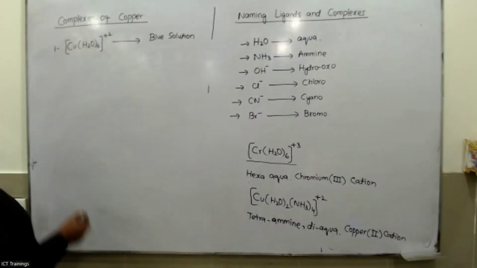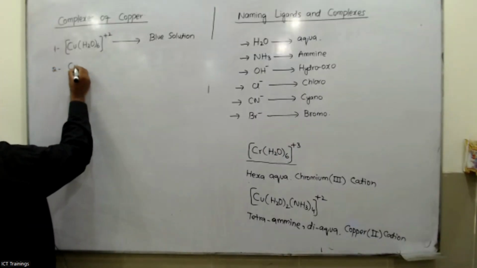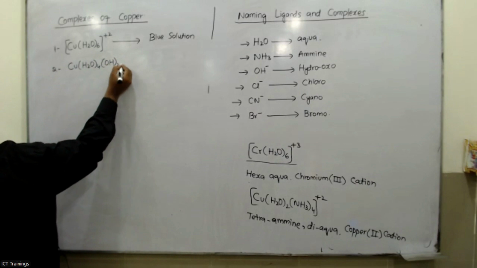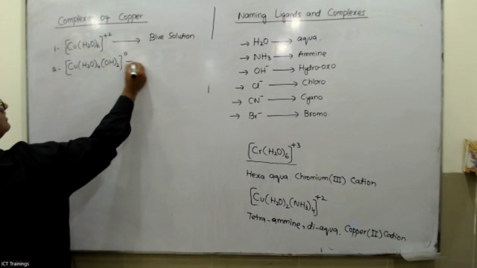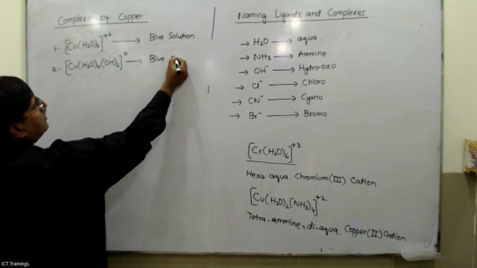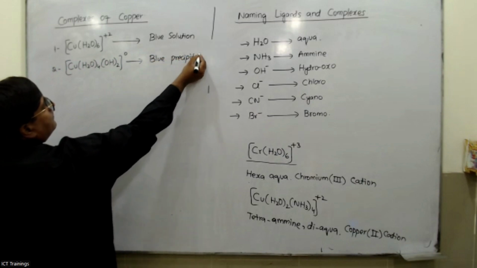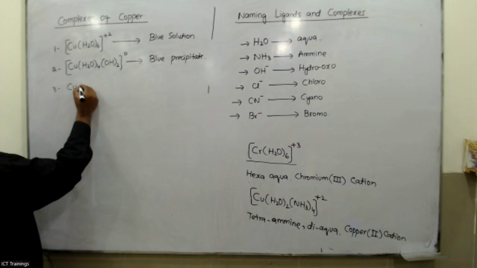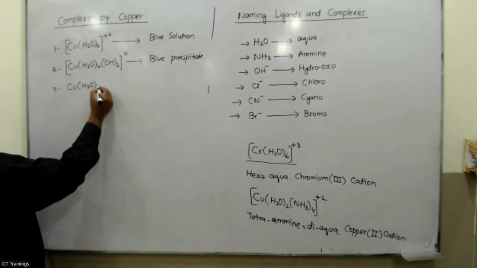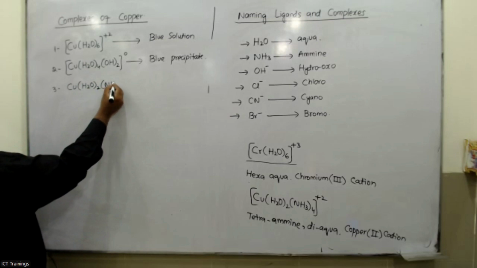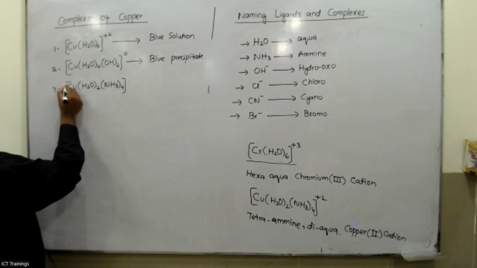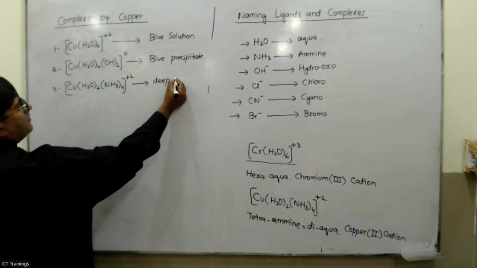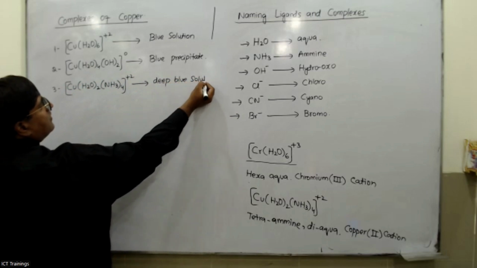The second thing, copper: you have water molecules 4, OH 2, and this whole thing is neutral, and this one would form a blue precipitate. The third one is copper with the two water molecules and four ammonia, and this has the plus two charge, and this one will form a deep blue solution.